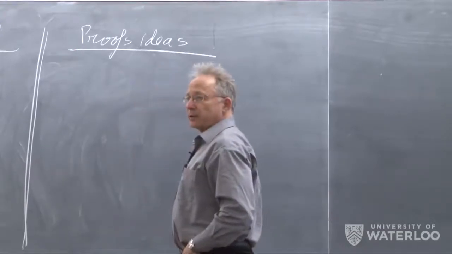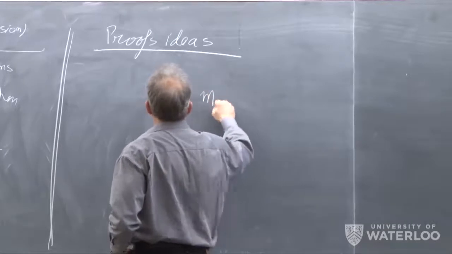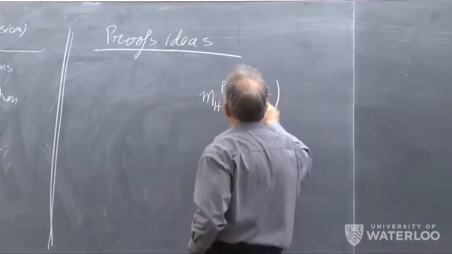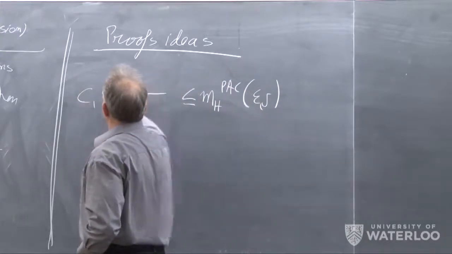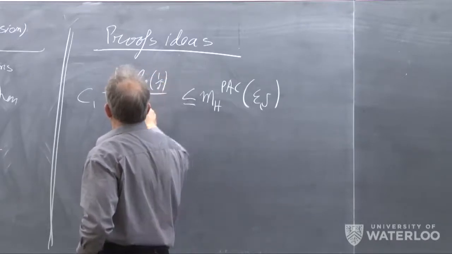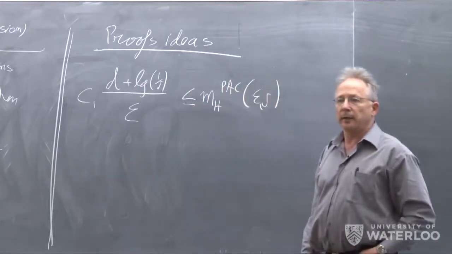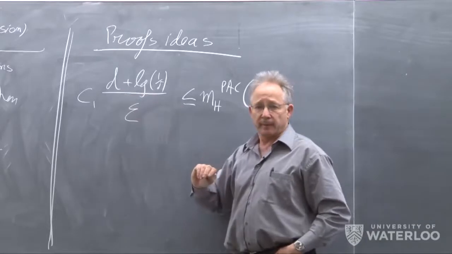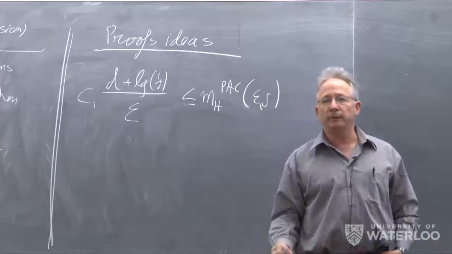And the first thing I want to discuss is this M_H^PAC of epsilon delta that is greater than some constant times D plus log 1 over delta divided by epsilon. And what I want to focus on is the relationship between D and epsilon. Not so much the delta, it's not a very important part of it.